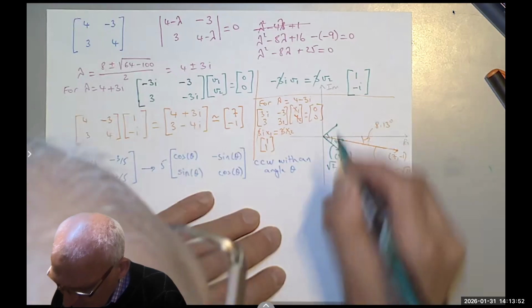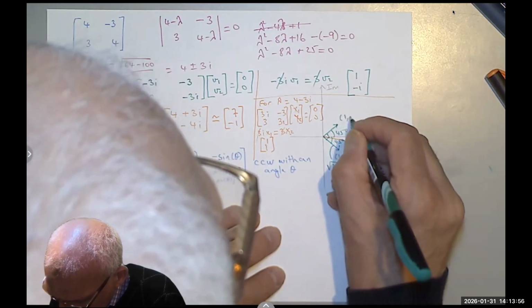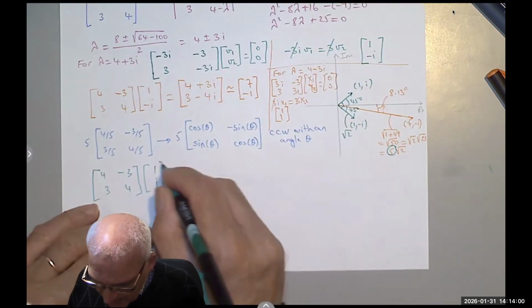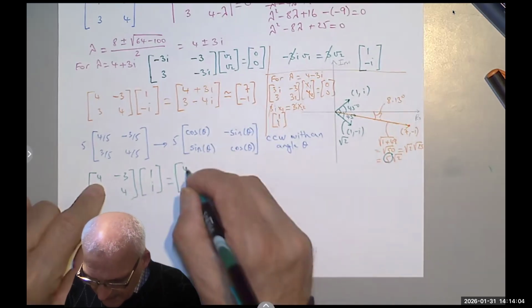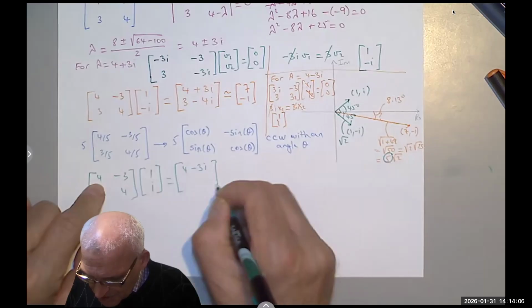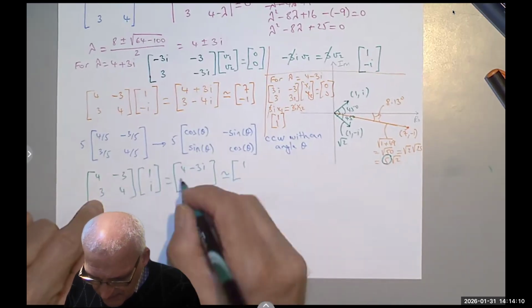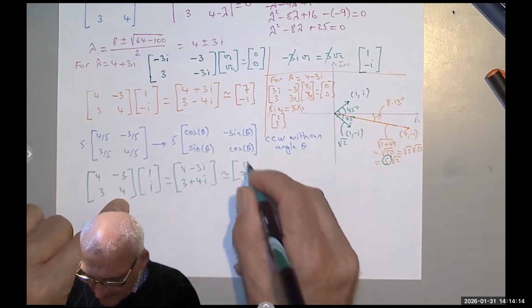Of course, this would be 90 degrees because this angle would be 45 degrees here, 1 plus i. And if I multiply that by 1 plus i, I get 4 minus 3i, or in our language, 4 minus 3, right? And 3 plus 4i, or 7.